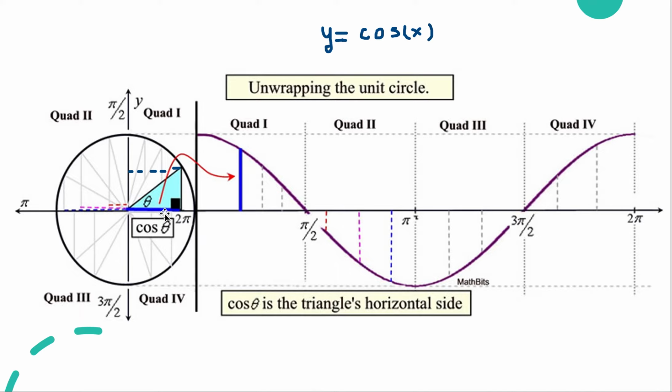And when we wrap the circle here, first of all, we are plugging in 0. And when you plug in cosine of 0, and you can check in a calculator, it gives you 1. That's why the graph of the function starts from 1, from this position here. And this distance is projected right here.